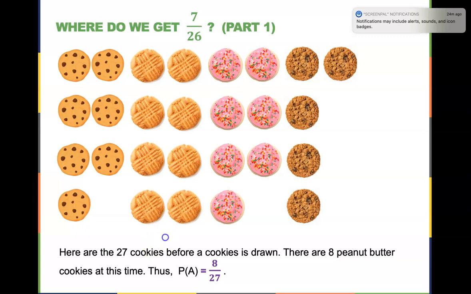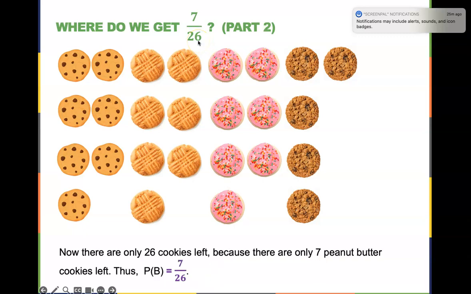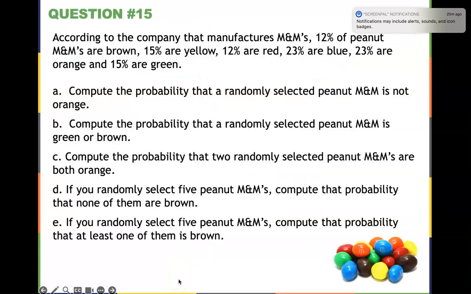Okay? So we're taking it out. And now, look, there's only 26 cookies left. And notice also that the peanut butter cookies that we're looking at, there are only 7 of them left. That's how we're getting the 7 over 26. So with only 26 cookies left, because there are only 7 peanut butter cookies left, the probability of drawing a peanut butter cookie for the second cookie is 7 over 26.